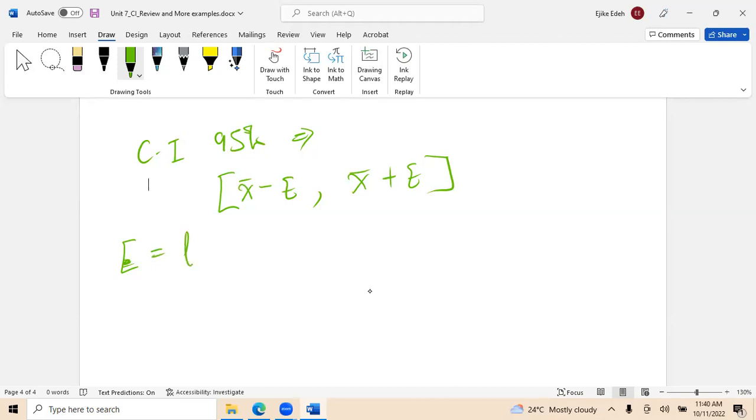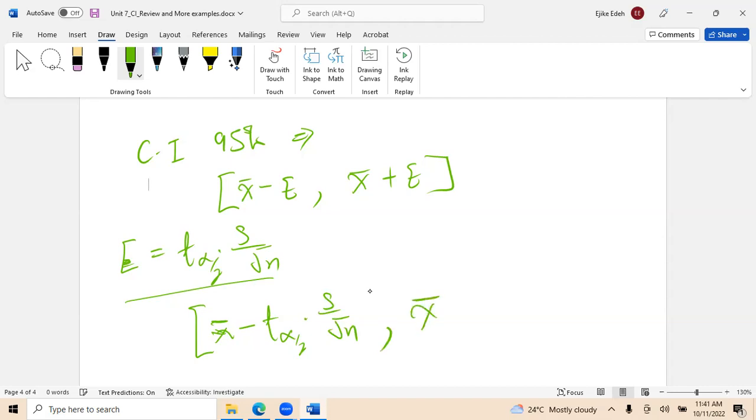So our margin of error will be T alpha over 2 times sample standard deviation divided by square root of n. If we expand that, the confidence interval is the mean minus T alpha over 2 times standard deviation divided by square root of n on the lower bound, and the mean plus T alpha over 2 times sample standard deviation divided by square root of n on the upper bound.